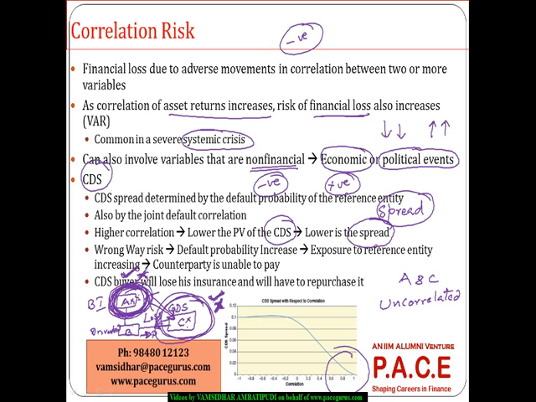So this will default, which means this company will not exist. So whatever premiums I have paid to that are wasted for now. I have to take a new protection now, and that new protection would become more and more expensive for me, which means I don't even prefer a fully negative correlation between the two.